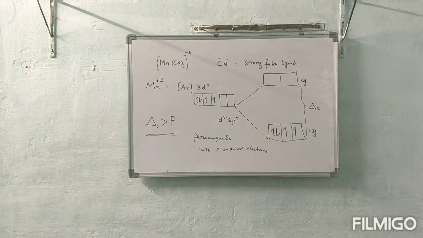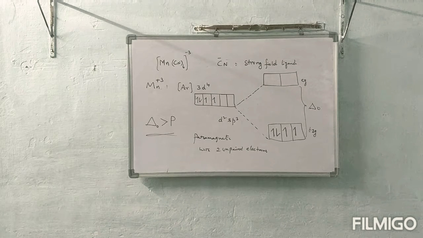In the presence of a strong field ligand, delta naught is greater than P, in which delta naught is very high, meaning splitting is very high. Because of that, the 4th electron, instead of entering the 4th orbital, is entering lower energy. That means it is preferable for the electron to be paired. P means pairing energy. When delta naught is greater than P, the electron will choose the smaller value. So it has chosen P, and it is paired with the first electron.